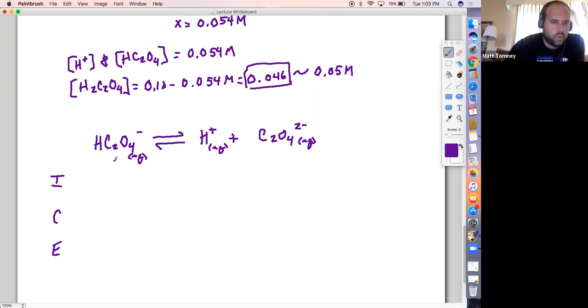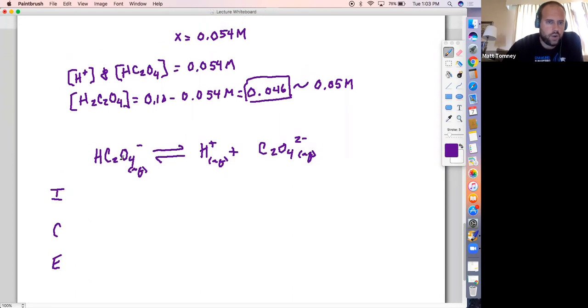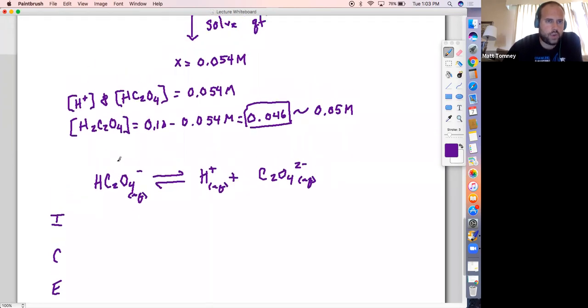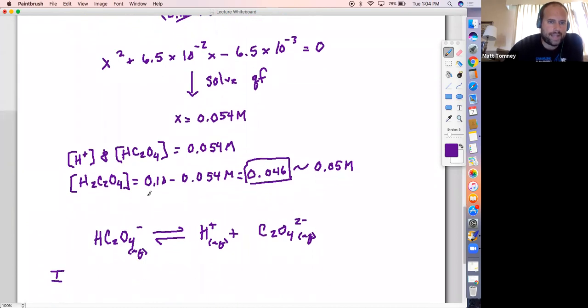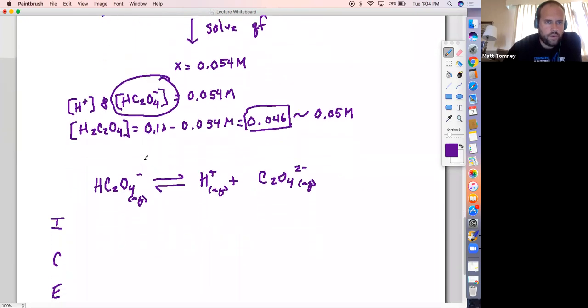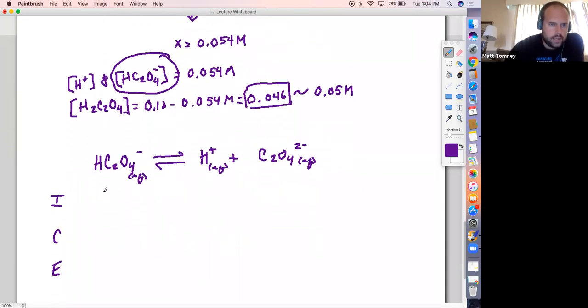Now I need to reference what I had above in order to continue this. So the question is, what is my initial concentration of the HC2O4 minus ion? Well, I don't have that in the initial problem. I had to solve for it, which is right here. This value is 0.054 molarity, so I can say that this is 0.054 molarity.